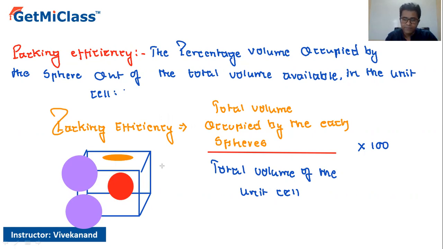Depending upon that, we have either the simple unit cell, the body-centered unit cell, or the face-centered unit cell. All of them have different packing efficiency, which we are going to take a look at one by one.